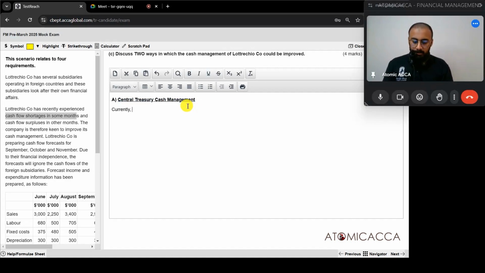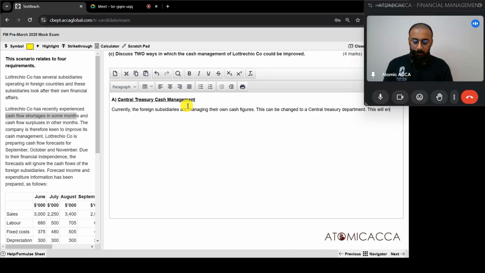Currently the foreign subsidiaries are managing their own cash figures. This can be changed to a central treasury department, hence central department.